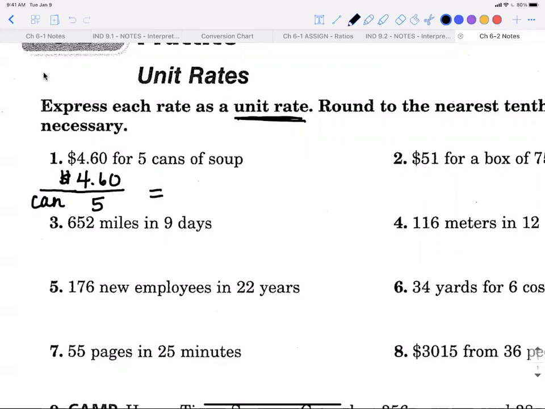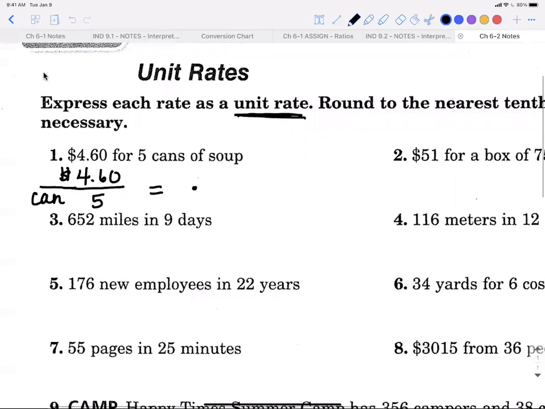Well, if I divide $4.60 by 5, it's going to give me 0.92. And what that means is that per 1 can, it's 92 cents, and then you want to put per can. I don't care if you put of soup, I'm fine with just per can.